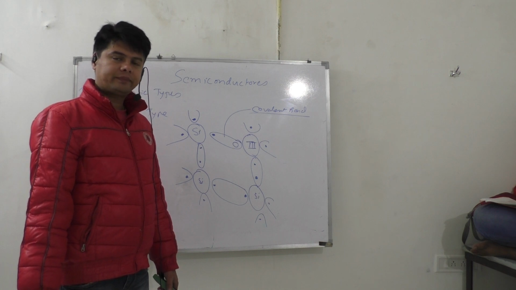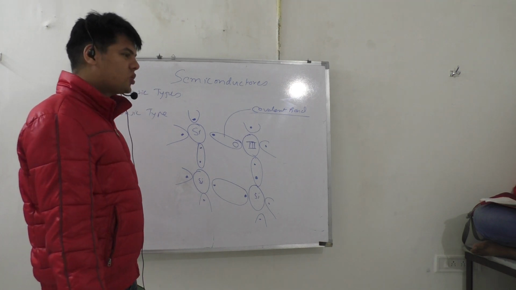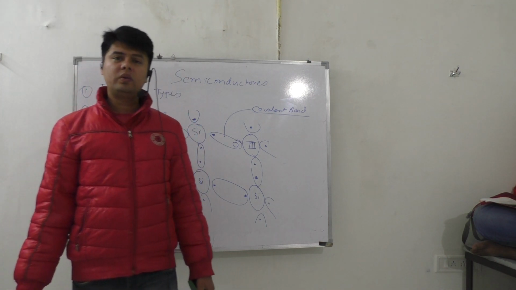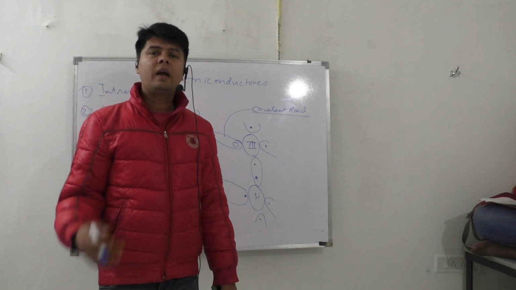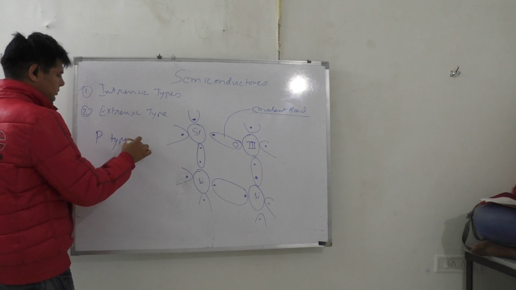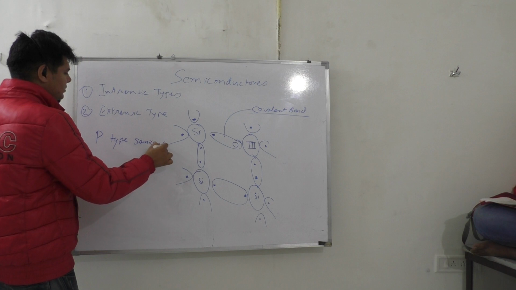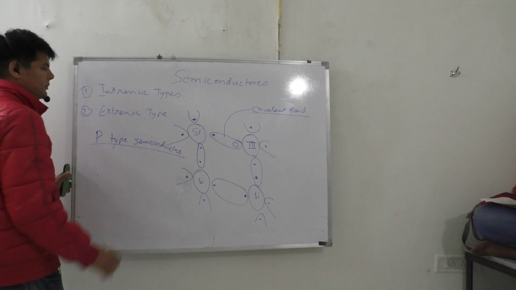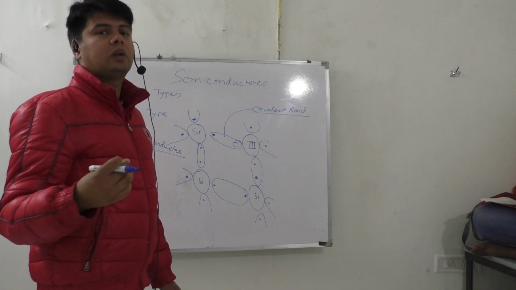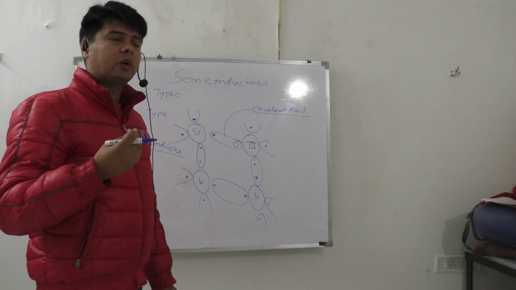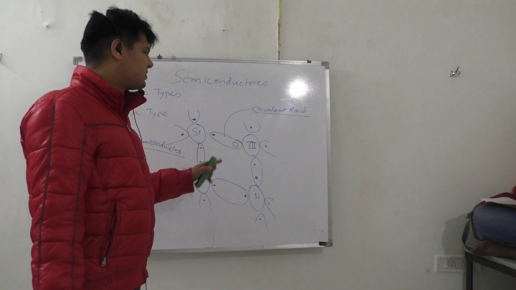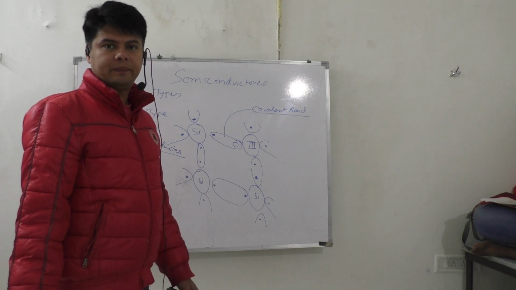So we can say whenever the majority of holes increases in the semiconductor, it makes the p type semiconductor. p type semiconductor क्या होता है? जिसके अंदर कुछ अमाउंट होल्स का होता है, जिसके अंदर इलेक्ट्रॉन एक प्लेस से दूसरी प्लेस की तरफ मूव कर सकते हैं. सो सच टाइप ऑफ स्ट्रक्चर इज कॉल्ड द पी टाइप सेमीकंडक्टर.